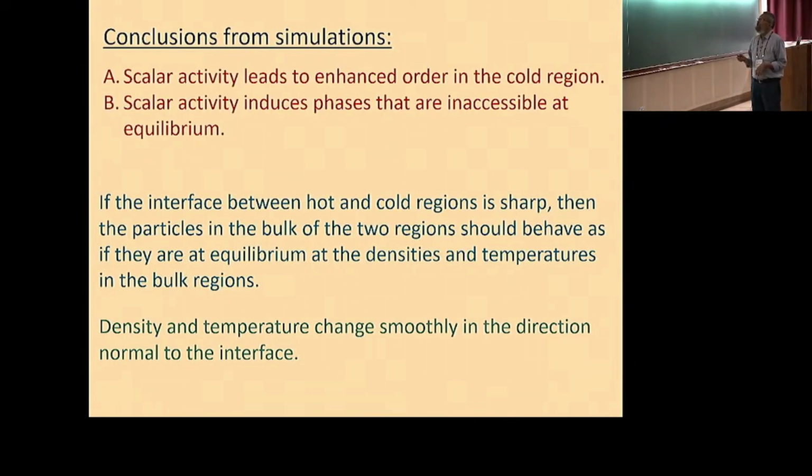So scalar activity leads to phase separation and enhanced order in the cold region, that we have seen in all the numerical experiments that we have done with spherical particles as well as with rod-like objects.